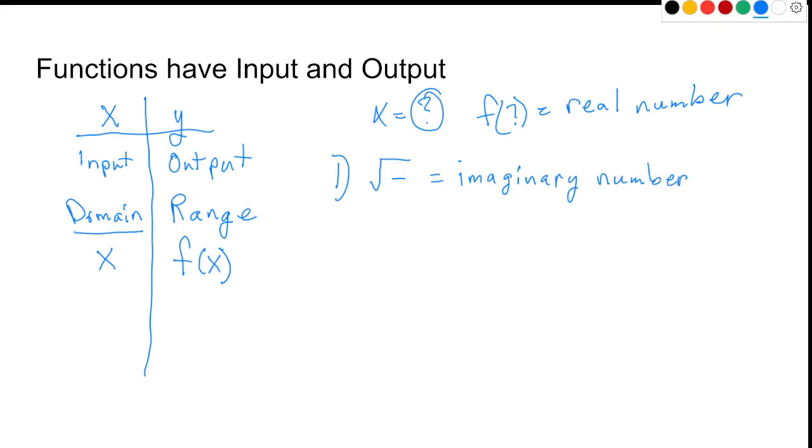So any input value, whatever's in here, and again, it may be more than x, but in this case, if we're talking about the square root of x, x has to be non-negative, which means it has to be greater than or equal to 0. 0 is a non-negative number.